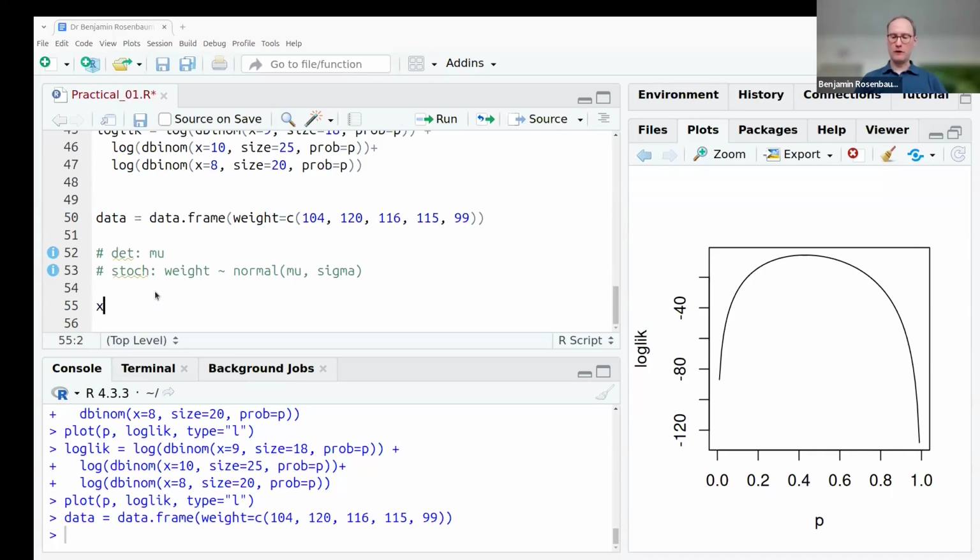Okay, so we will again start with a vector of possible values for which we want to calculate the likelihood function. However, note that we now have two parameters, right? We have a mu and we have a sigma. So first we want to plot the likelihood function for a fixed value of sigma, but the mu will take different values.